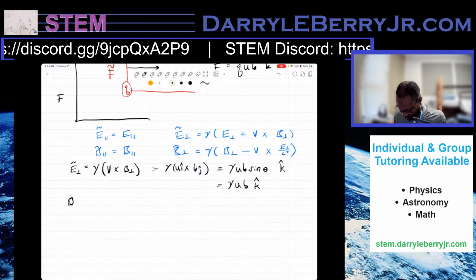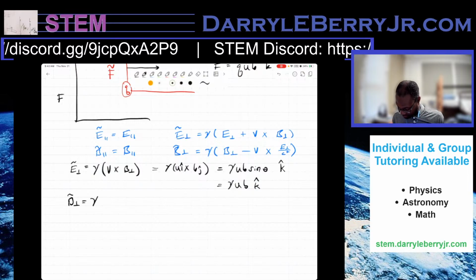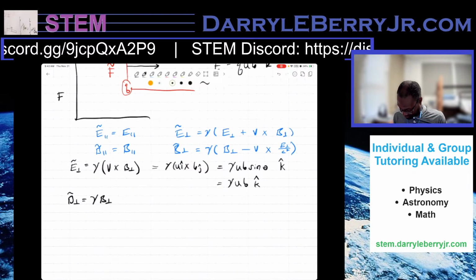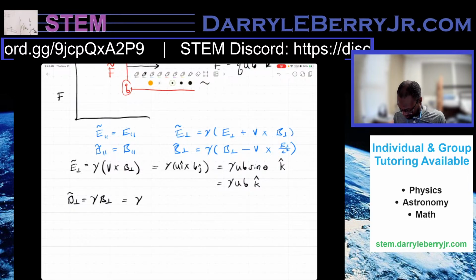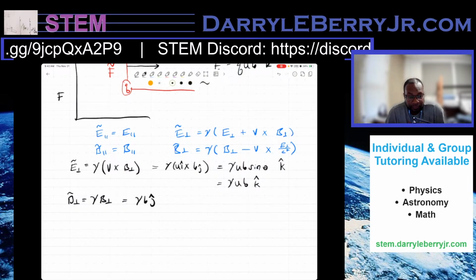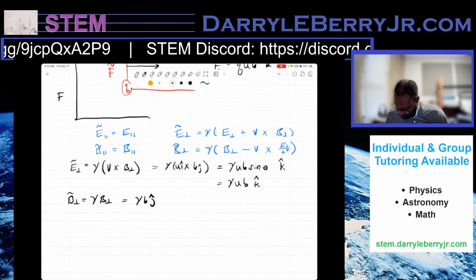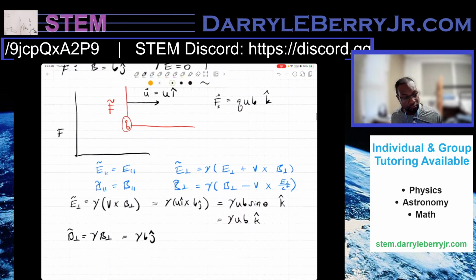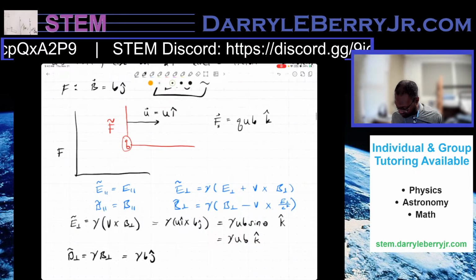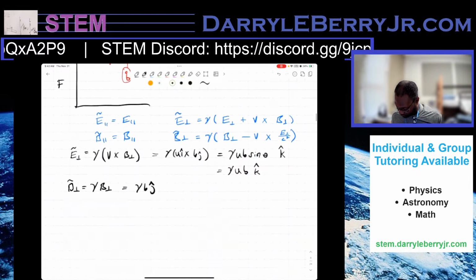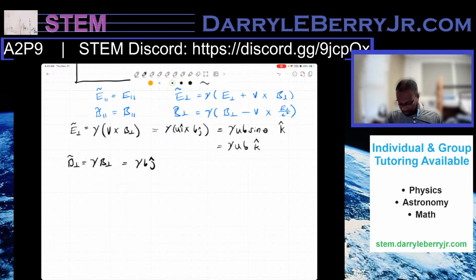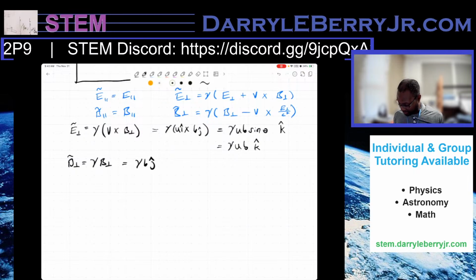And B in the boosted frame is going to be gamma. Again, E is all 0, so we have gamma B perpendicular. So this is going to be gamma B j. I believe that's it. Force on Q in F prime. Check my fields first though. E is gamma u B k, so that's right.